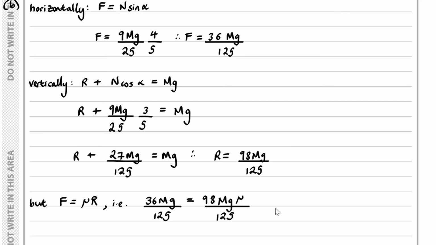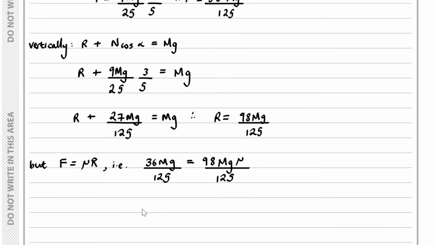The mg's cancel, the 125's cancel, so we are left with 36 equals 98 mu. Therefore mu is 36 divided by 98, which is 18 over 49. So we have 18 over 49 for the value of mu.